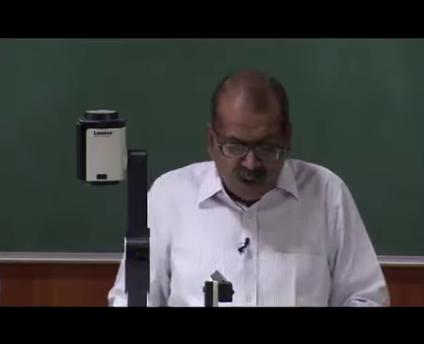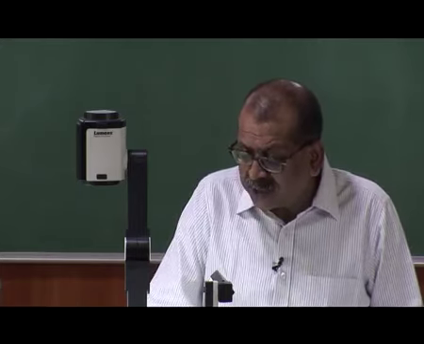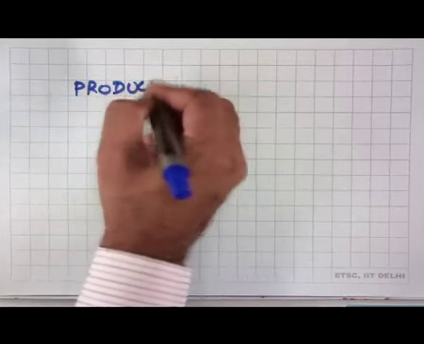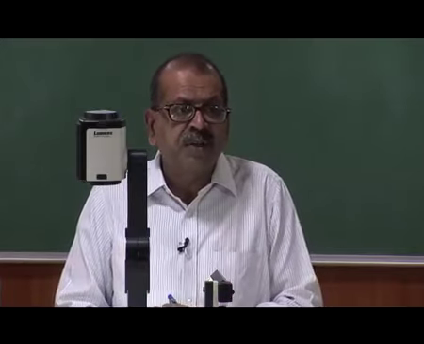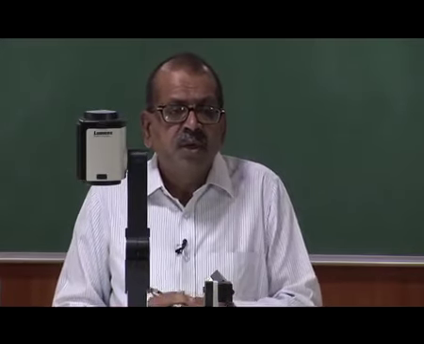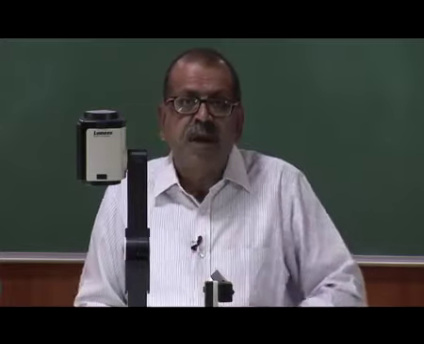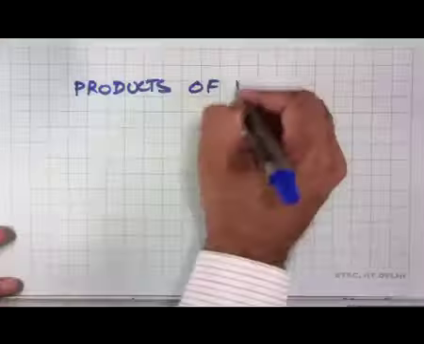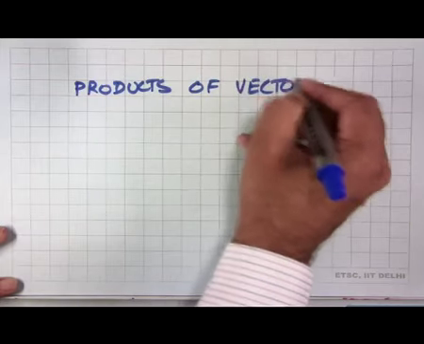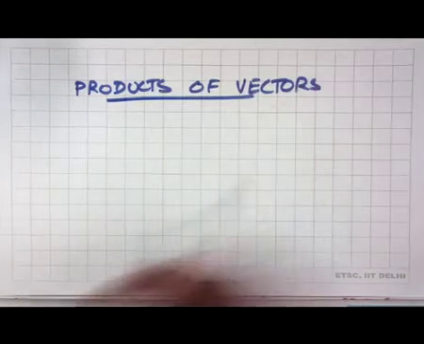Next, we will also look at products of vectors. We have seen the addition of vectors, we have seen subtraction of vectors, and we have seen also when a scalar is multiplied to a vector, how do we deal with that. Next, let us talk of products of vectors.